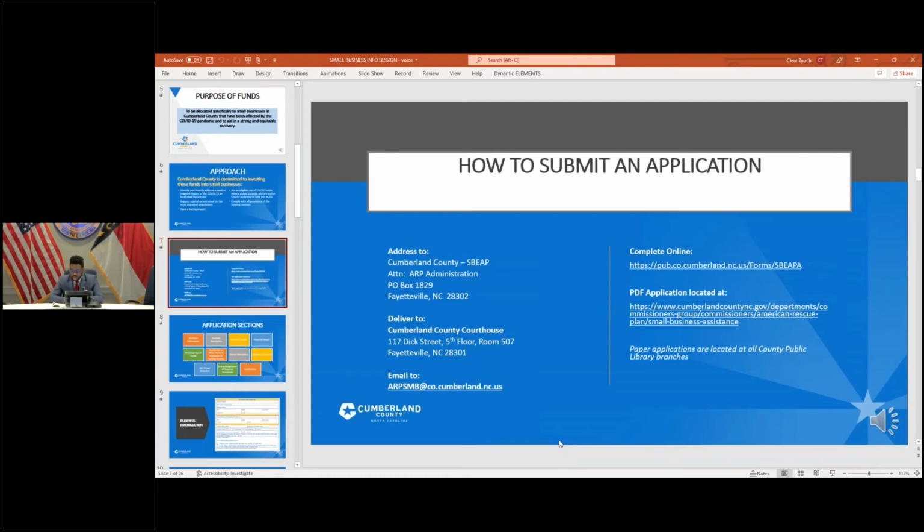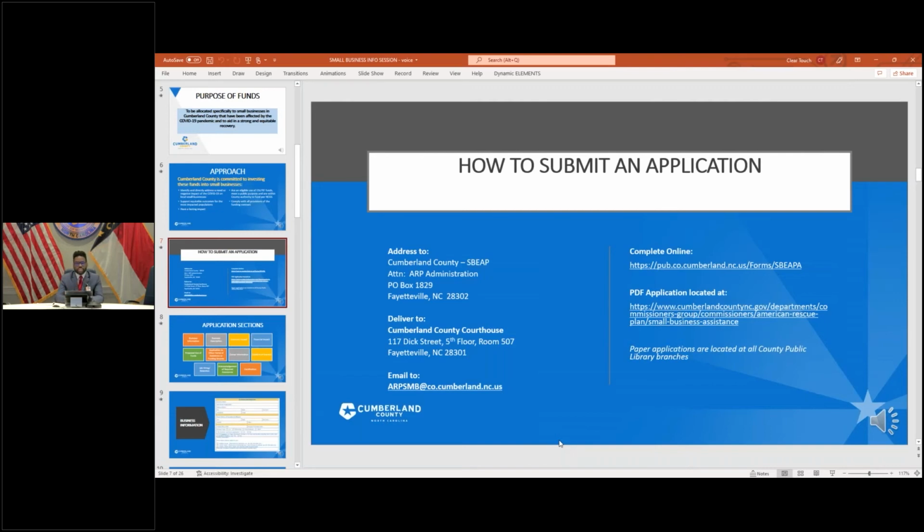So who are the decision makers, meaning the individuals who are making this decision? Not sure if this question was asked. So the folks who are making this decision, who are doing the review process, are part of county staff, and we have strategically brought together individuals across different disciplines and county departments.